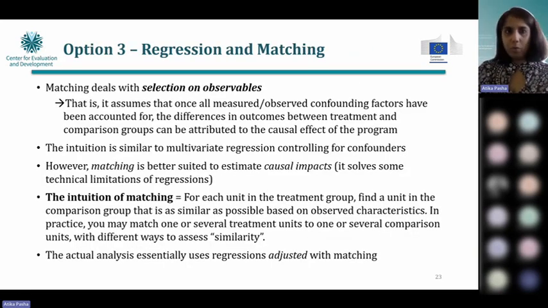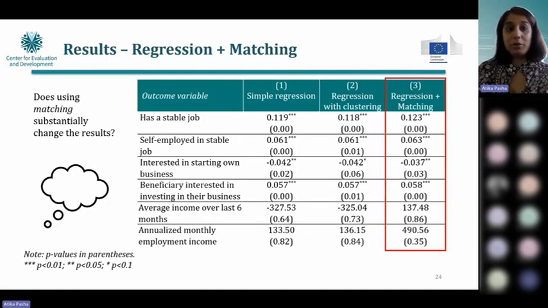Okay, and then finally, we show you the results of option 3, which is having used a counterfactual impact evaluation method, matching, to control for the selection and for the observable differences in our data. I will not go into the intuition of matching, simply the results of the regression. What you see here is the third column, which is showing you the regression, but accounting for the CIE method.